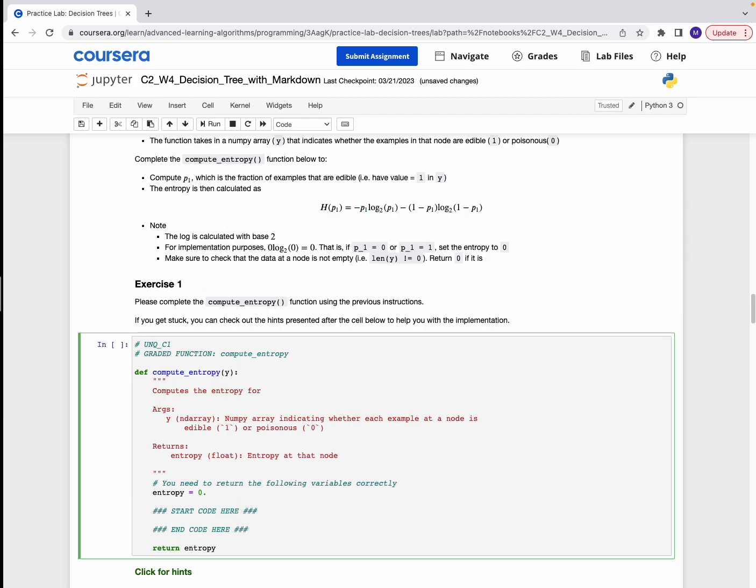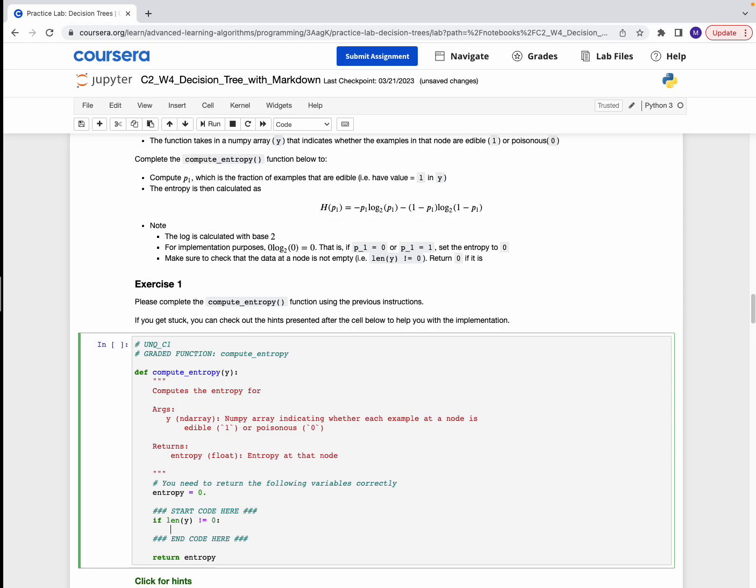Okay, let's do it. If length of Y is not equal to 0, meaning the array is not empty, we calculate the fraction, which is all the array examples which have 1 in it divided by the total length of Y. And because 0 log 0 is 0, if P1 is 0 or P1 is 1, we set the entropy to 0. (with a dot because it's a float).